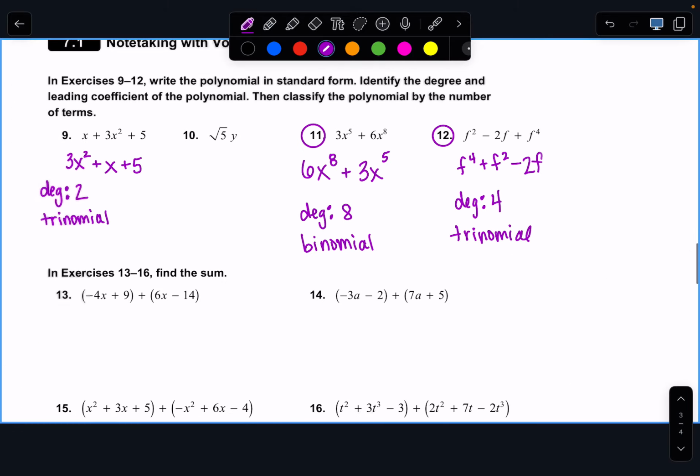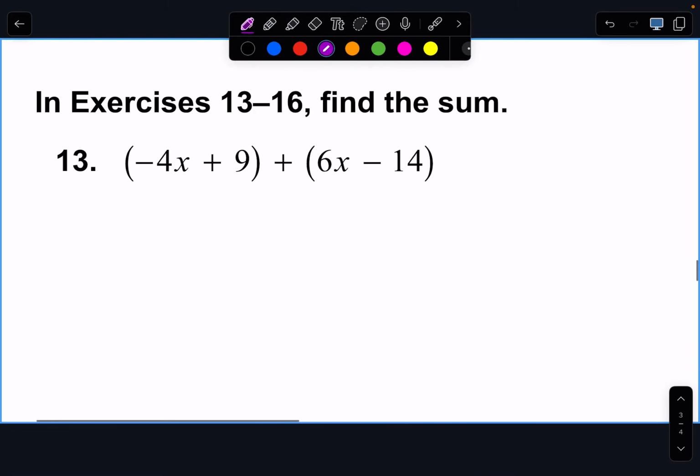If you look at number 13, here we have 2 polynomials that we need to add together. Are those parentheses affecting anything? No, it's just saying, hey, this is polynomial number 1, and this is polynomial number 2, and we need to add them together.